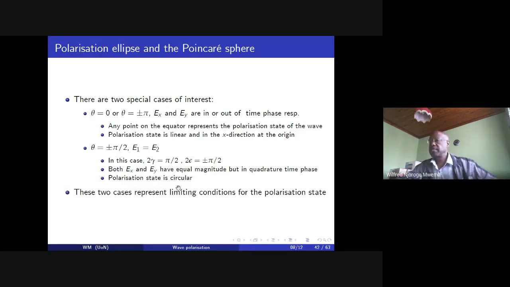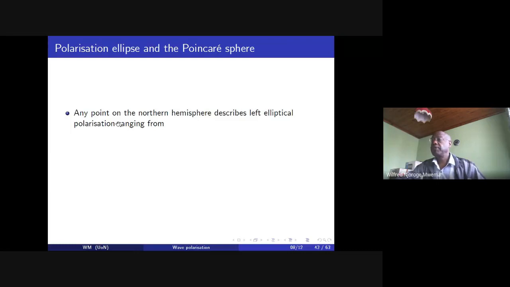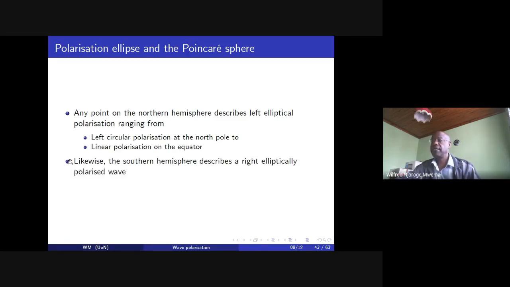So these two states represent limiting conditions for the polarization state of a wave, and any point on the northern hemisphere will describe a left elliptic polarization, and this will range from left circular polarization at the North Pole to linear polarization on the equator.